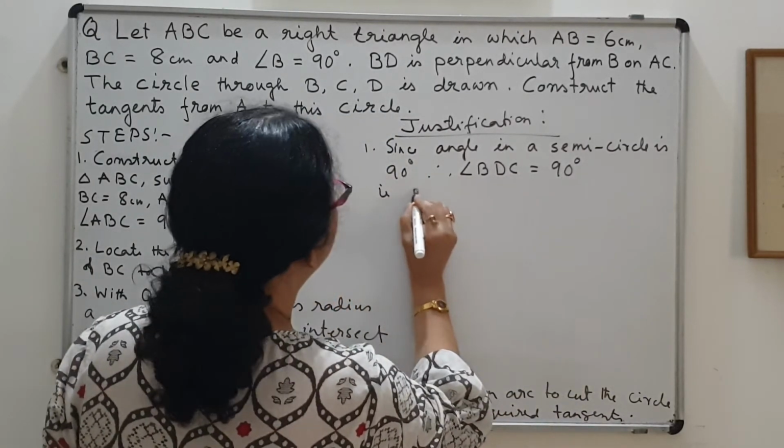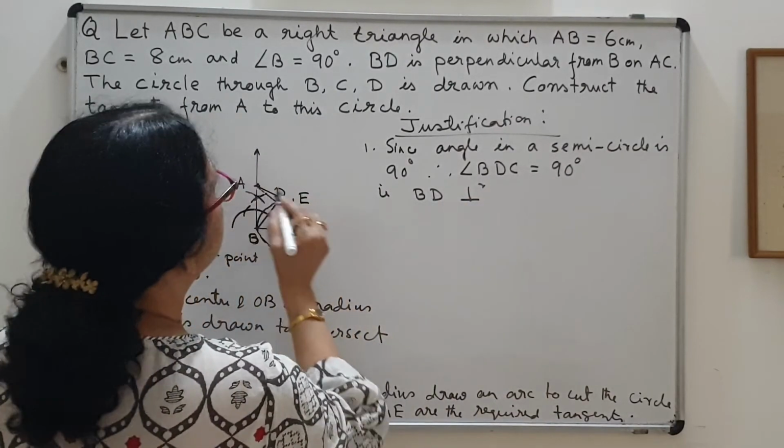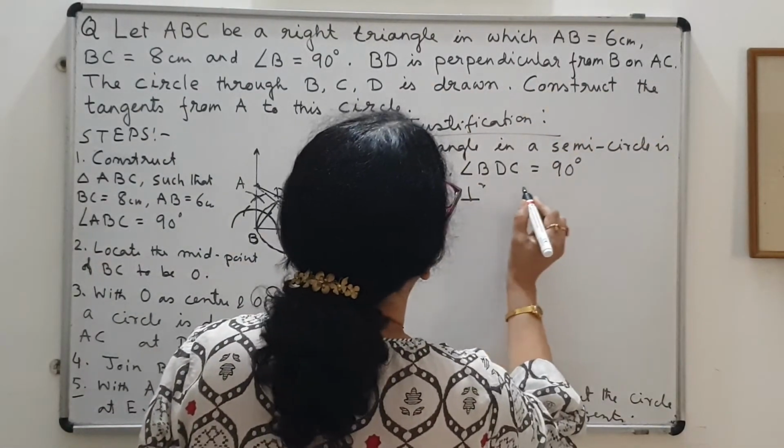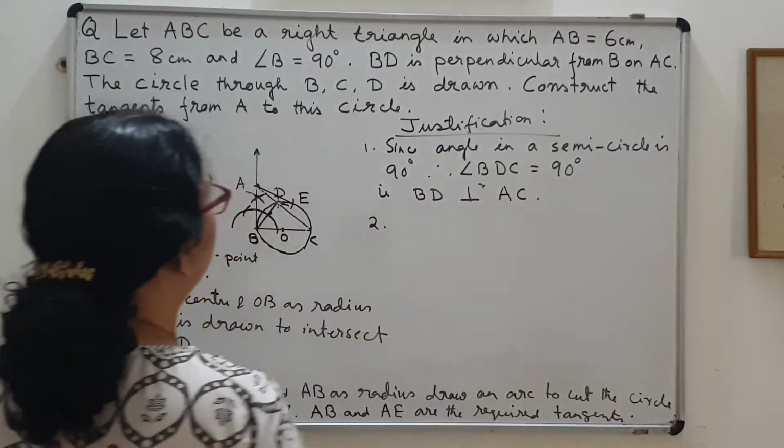That is, BD is perpendicular to AC from B on AC. That is the first justification.